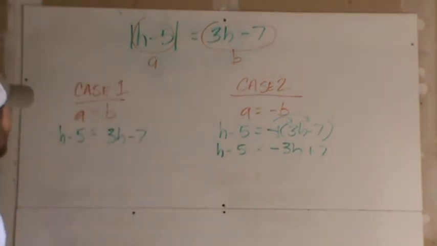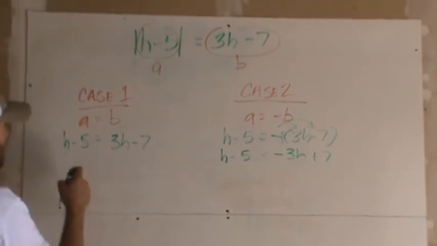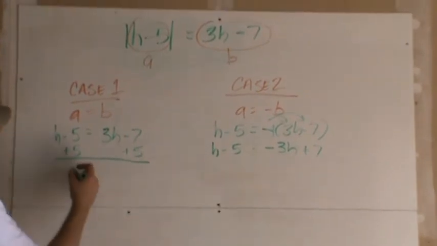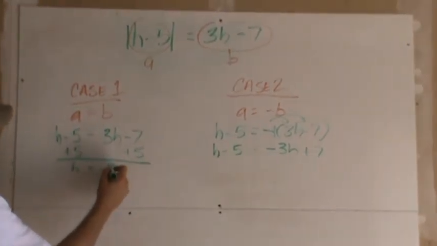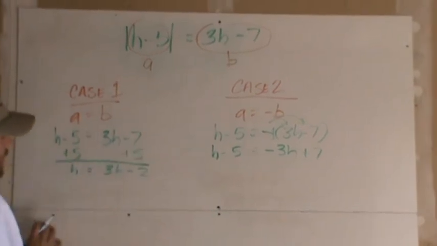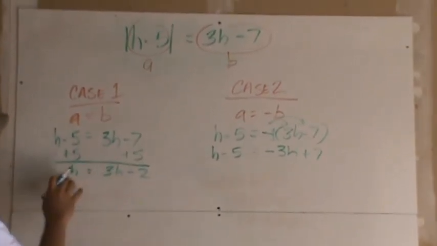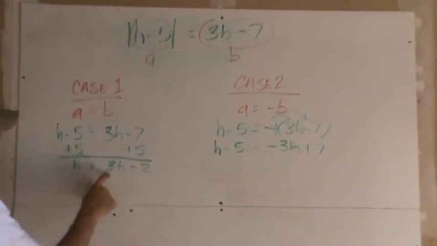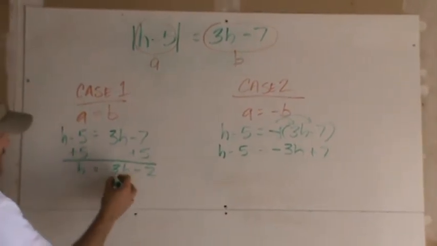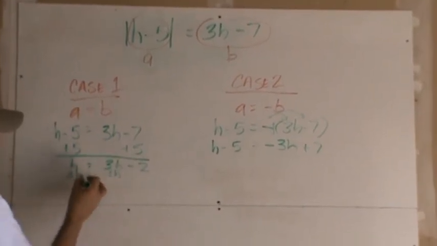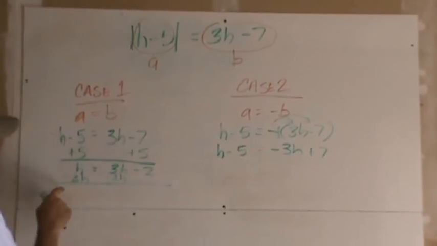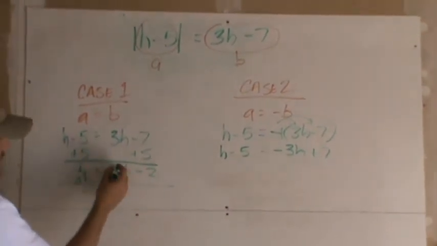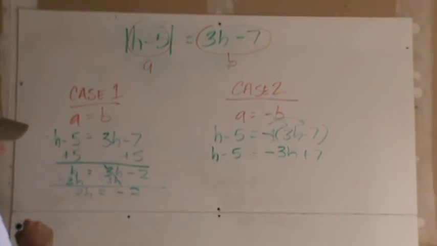Alright, now we can go ahead and solve case 1 and case 2 here. We want h by itself, so we're going to add 5 to both sides. That should give you h equals 3h minus 2. Notice we're not finished because we actually want the h's all on one side. Thinking opposites, right now this is a positive 3h, so we're going to subtract 3h from both sides, see what's left over. 1h minus 3h is negative 2h. 3h minus 3h, those go away, leaving you with just negative 2.